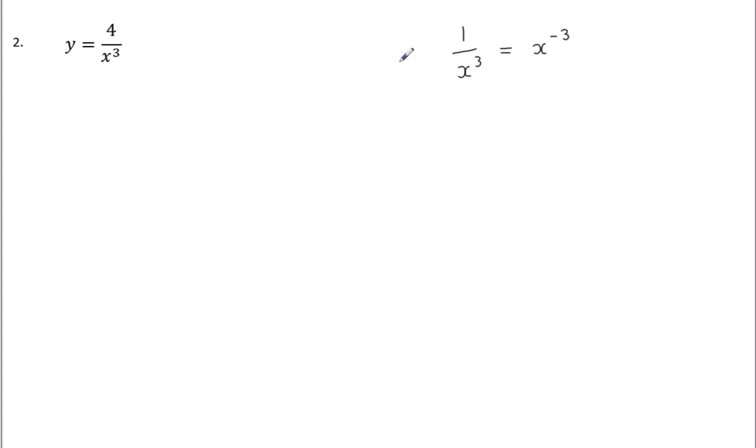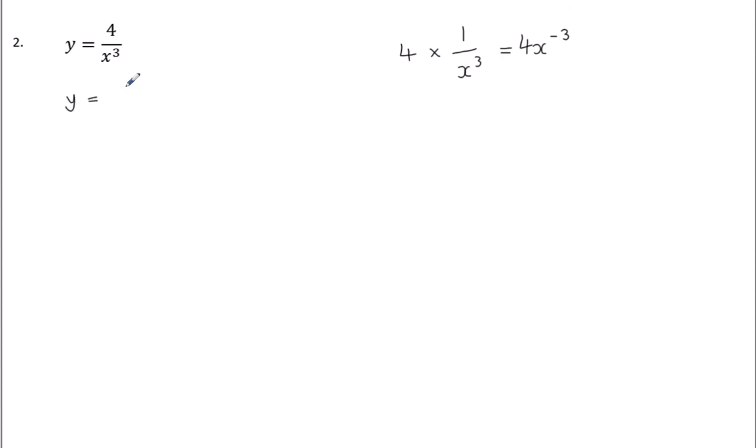Well, the 4 is because the whole thing has been multiplied by 4. That's how you get 4 over x cubed. It's 4 lots of 1 over x cubed. And so all you do in your answer is you'd include a 4 in the front. Okay, 4 lots of 1 over x cubed, so 4x to the power of minus 3.